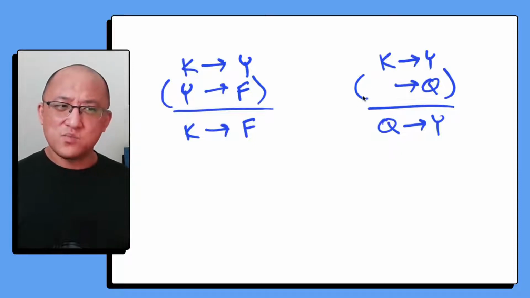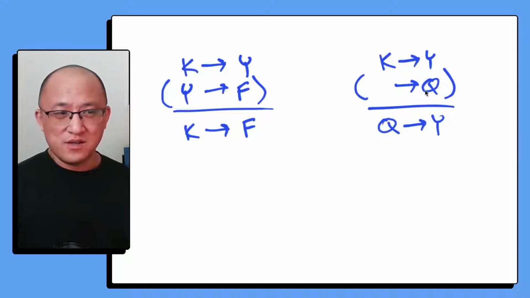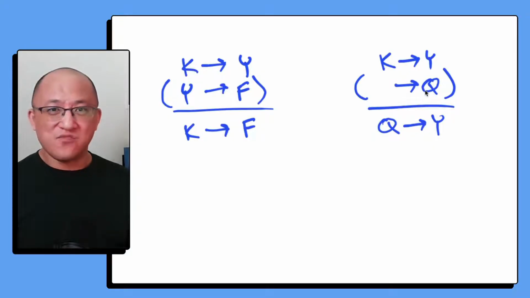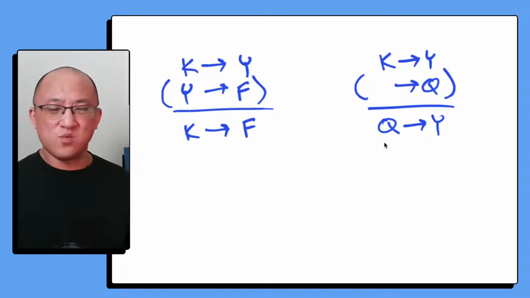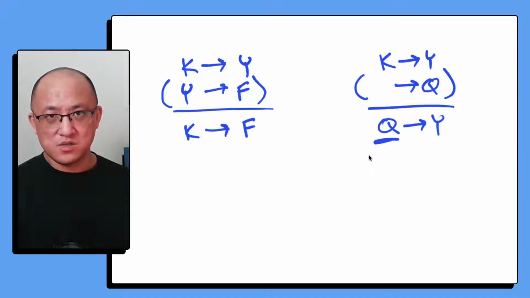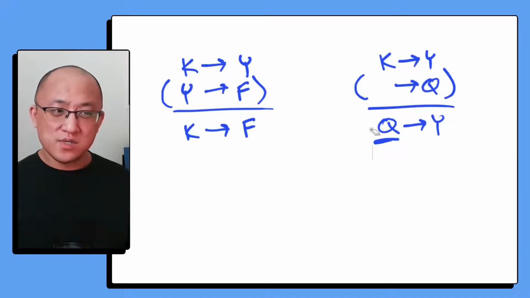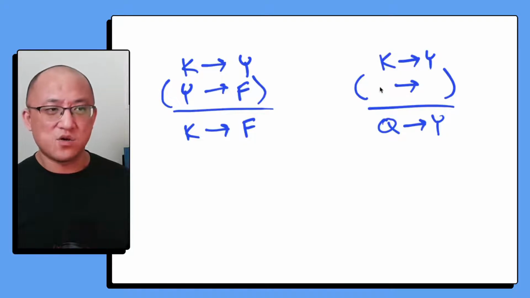So if I add another premise that tells me what leads to Q, that's not going to prove what happens if I already start off with Q. I'm trying to prove what happens if you already start off with Q. I'm not trying to prove what leads to Q. So that's how you can be certain in this case that the answer is not going to have Q on the right side of the arrow. It's going to be on the left side of the arrow.